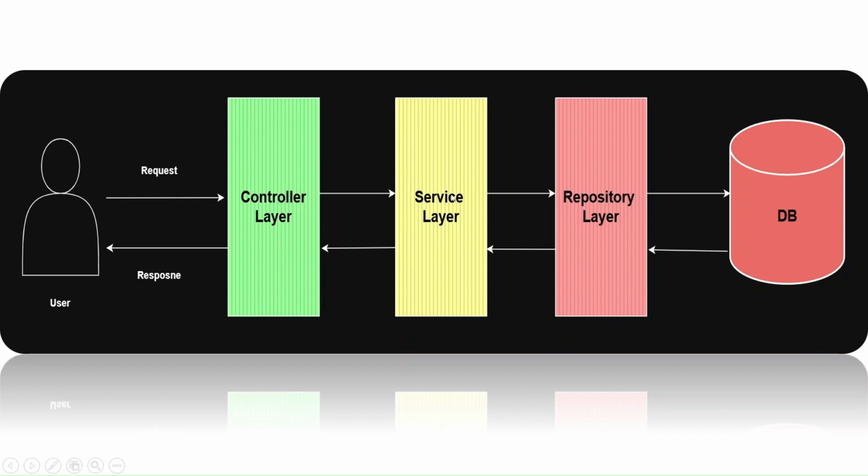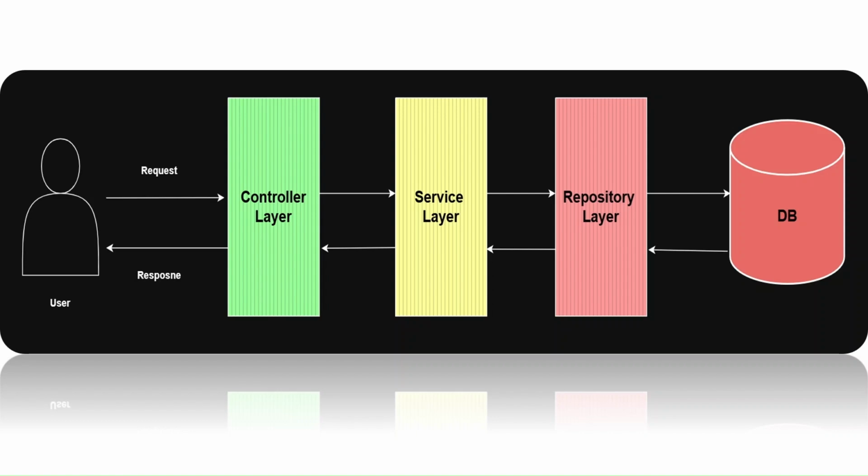Then we manipulate our object or make some changes in our object, in our case employee object, and then we send that object to the repository layer, and then repository layer stores that object or that data inside the database. Okay, then we get the response from the DB. Repository sends that response to the service, service sends that response to the controller, and finally it goes to the user. So that's how the flow goes.